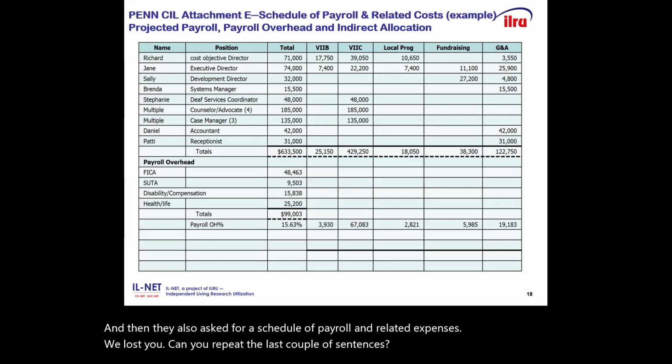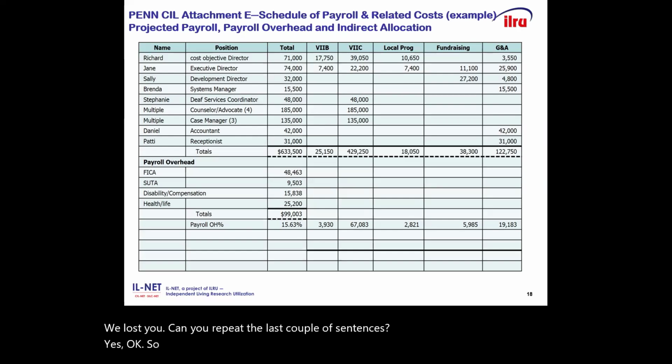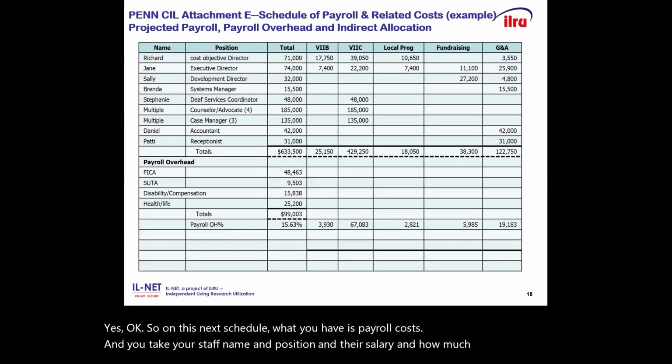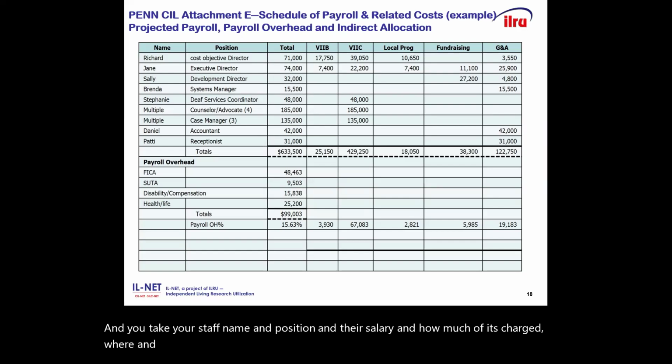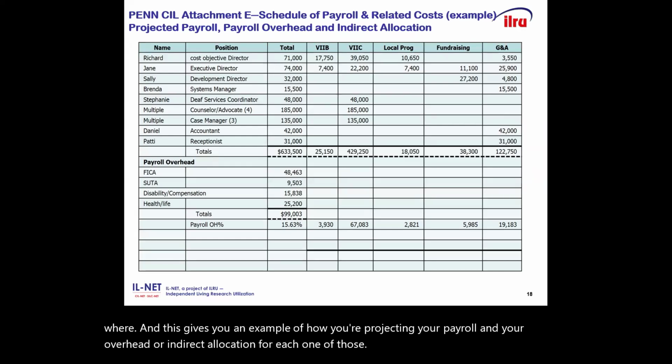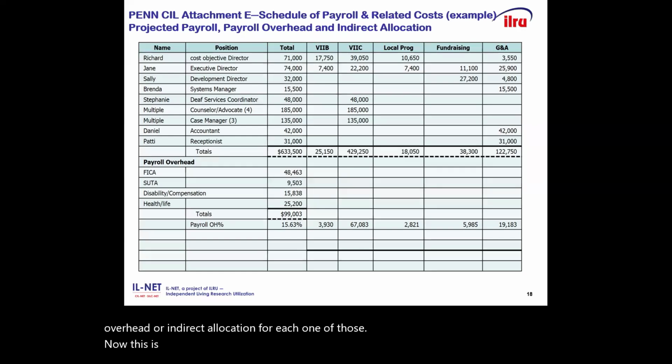Yes. Okay. So on this next schedule, what you have is payroll costs. You take your staff name and position and their salary and how much of it's charged where. And this gives you an example of how you're projecting your payroll and your overhead or indirect allocation for each one of those. Now, this is projecting it for the future, and some of what you've been listing for them is past.